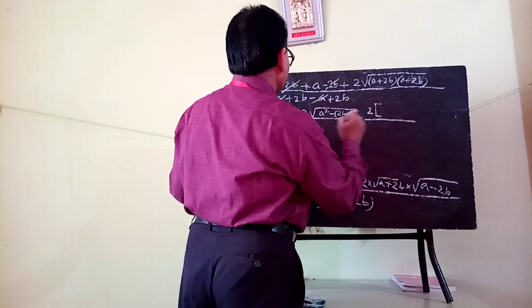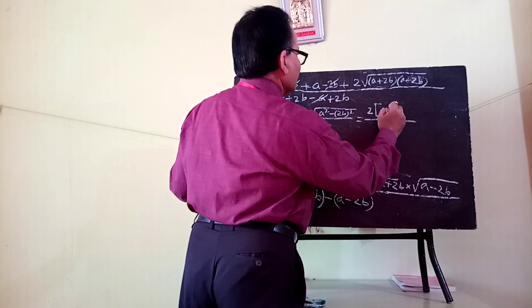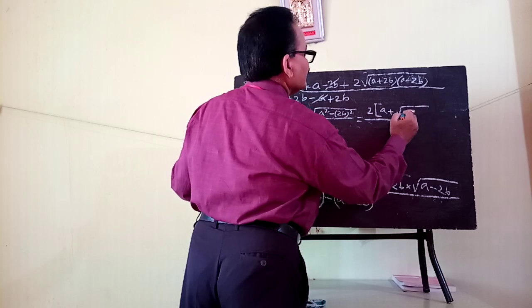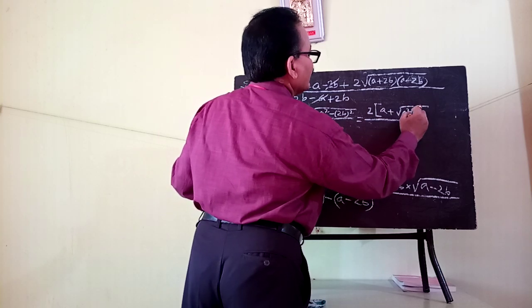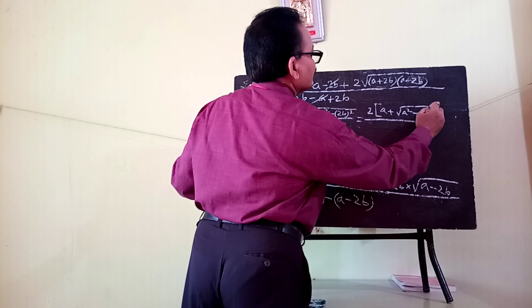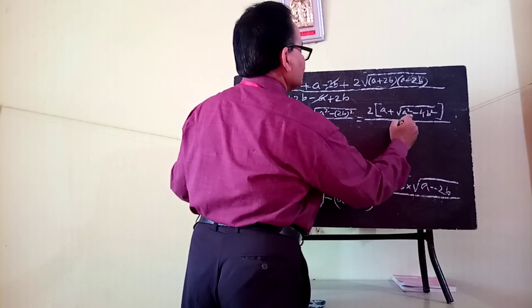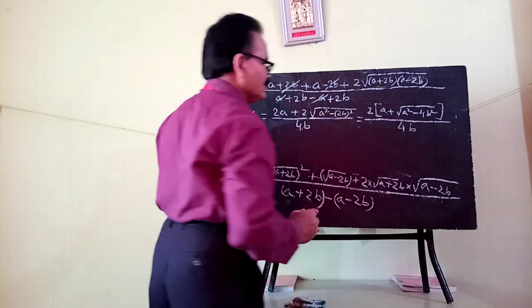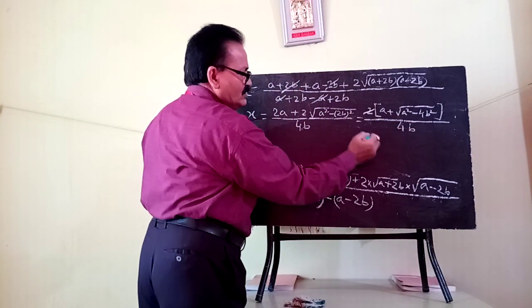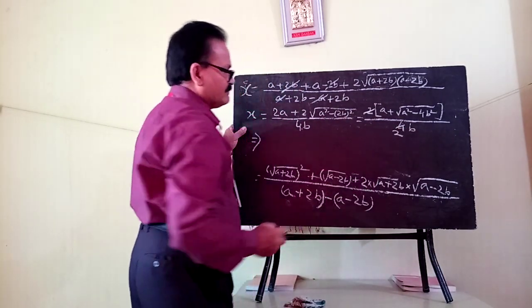Then under bracket it will be a plus under root of a square minus 4b square. And this is your 4b. So here these 2 and 4 cancel each other.